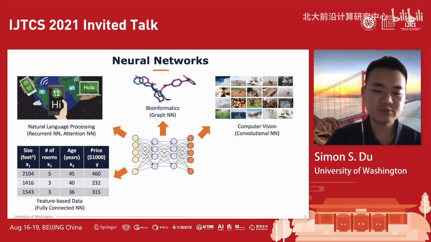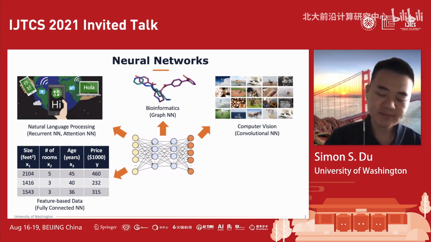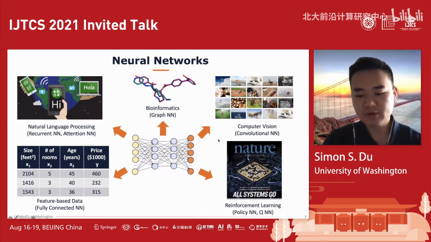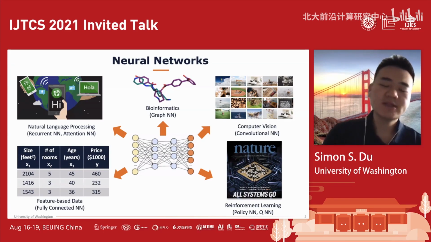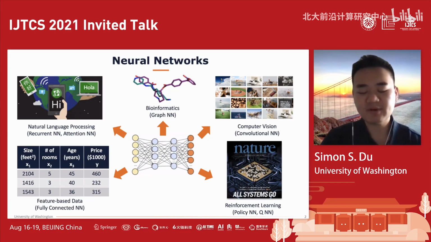For example, here we want to predict the price of an apartment, and we can use features like size, number of rooms, and age. Also, for reinforcement learning, we can use a policy network and a Q network to model the policy or the Q function.